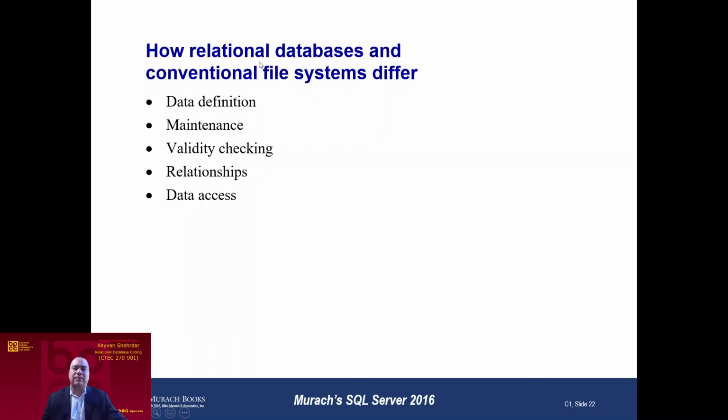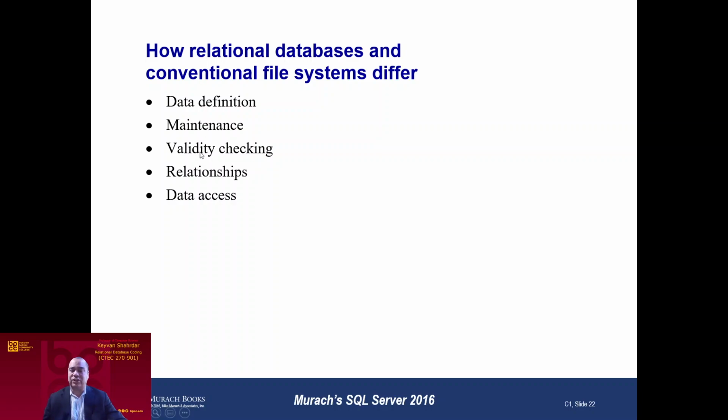How relational databases and conventional file systems differ. You have data definition, maintenance, validity checking, relationships, and data access. So what does this mean? Obviously, you have data definition: what type of data it is that you're storing. You can maintain it.